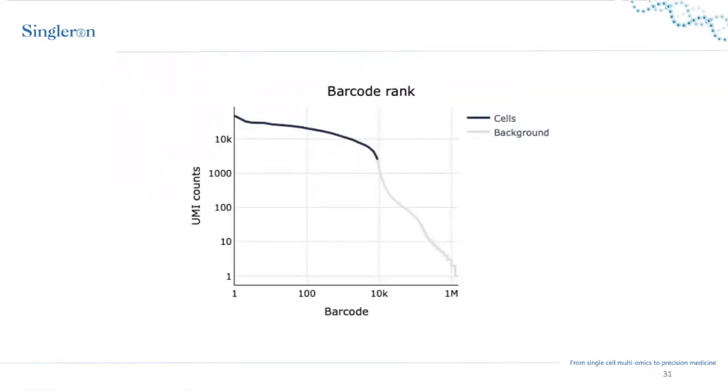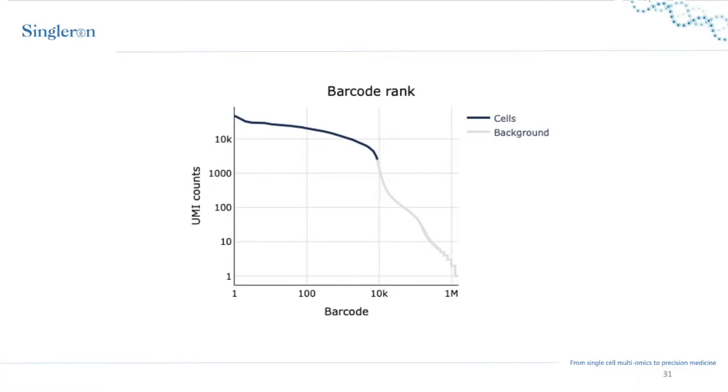So this shows you the cell versus background. On the x-axis, you have all your barcodes, and you rank them. So barcode number 1, which is cell number 1, has a UMI count, which is a transcript count, of let's say 50 or 60,000 UMIs. And then you go down.